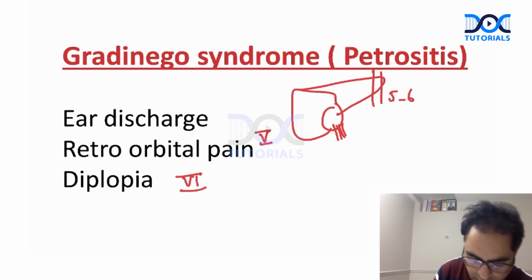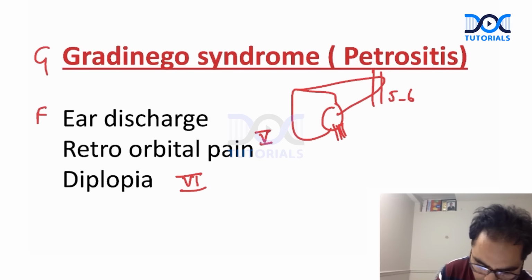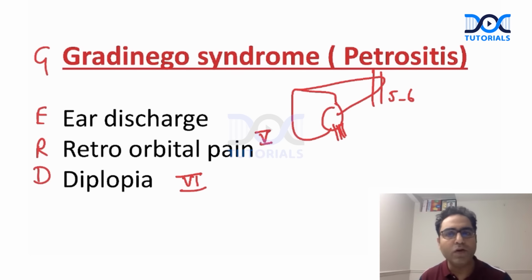How to remember it easily? GERD. Gradenigo syndrome, other name of petrositis, has got three features. G for Gradenigo syndrome, E for ear discharge, R for retroorbital pain due to fifth nerve involvement, and D for diplopia due to sixth nerve involvement, because we know fifth and sixth nerve lie at the petrous apex area.